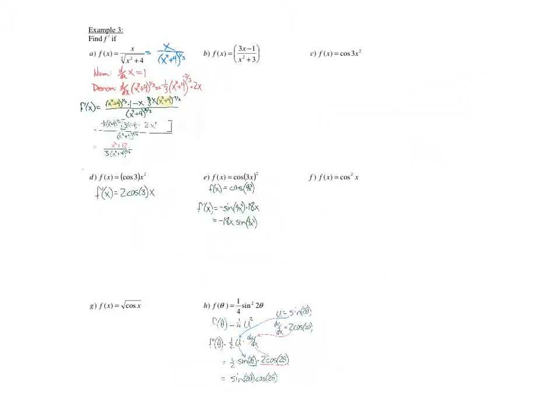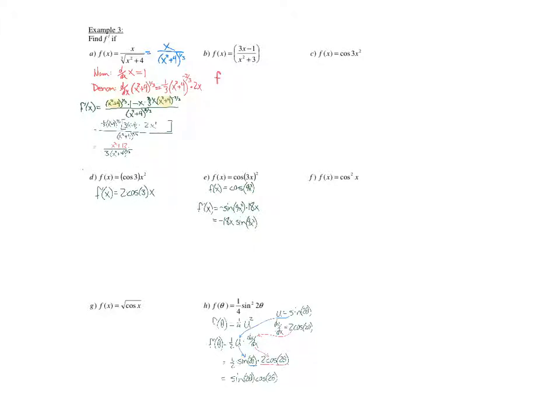Alright, now I'm going to record the examples we didn't get to in class in case you wanted to see these as well. Do the rest of them. Okay, so for B, we need the quotient rule. The numerator here is 3x minus 1, so the derivative of the numerator obviously is 3, and the derivative of the denominator is 2x.